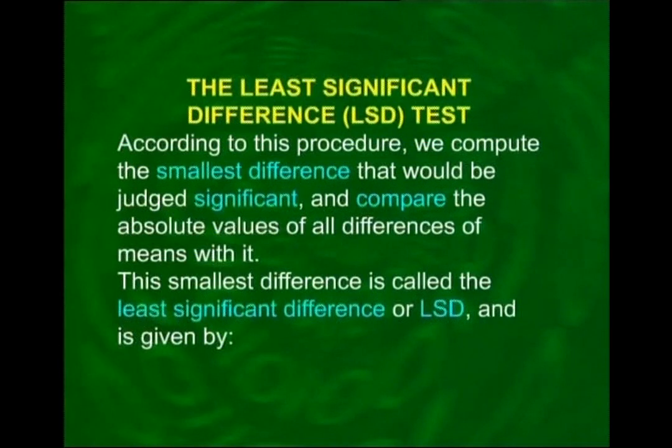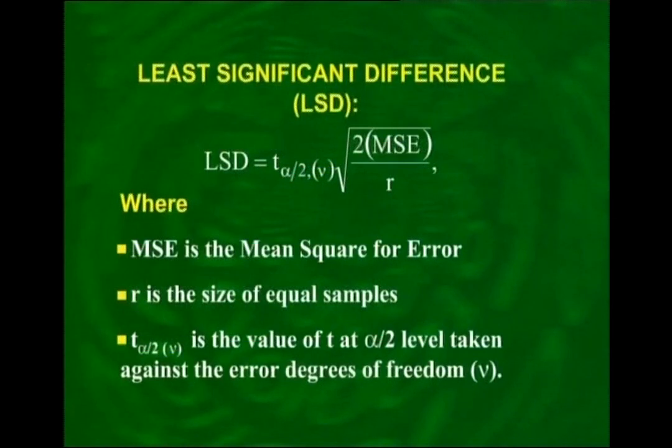This smallest difference is called the least significant difference, or the LSD, and is given by LSD = t_(alpha/2, nu) multiplied by the square root of twice the mean square error divided by r, the number of observations per treatment. It should be noted that nu stands for the error degrees of freedom.